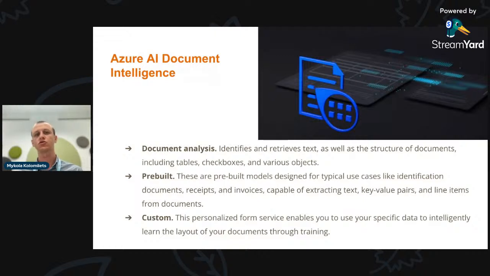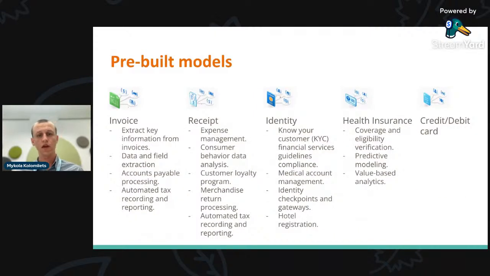You can train your own model, you can change rules for labeling data, you can combine different types of models. I will show you later about it. And first of all, about pre-built models. It is a short list.